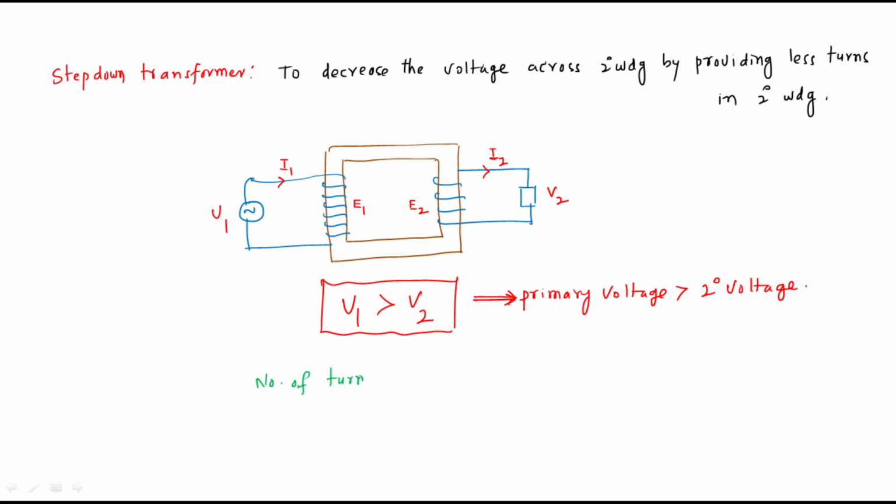That is, the number of turns present in primary winding should be more than the number of turns available in secondary winding. Right?